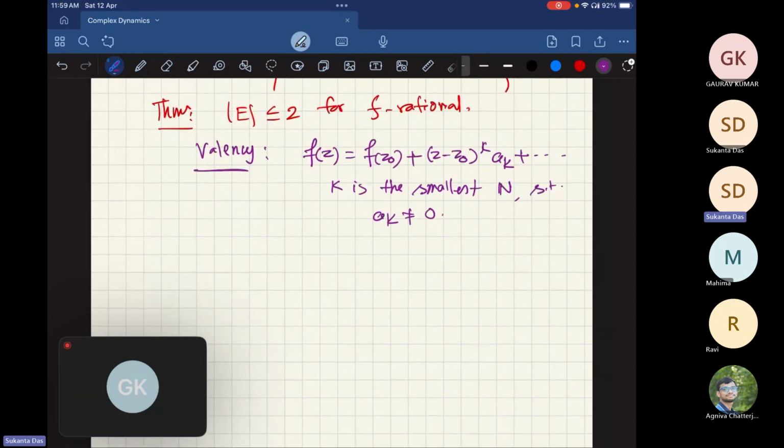We can always write a rational function in this form.